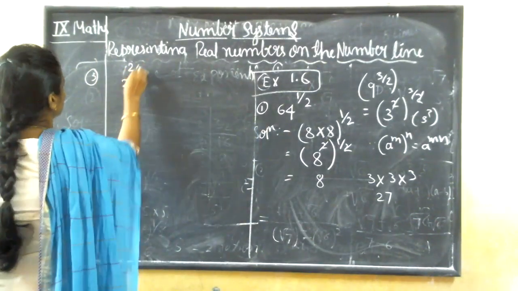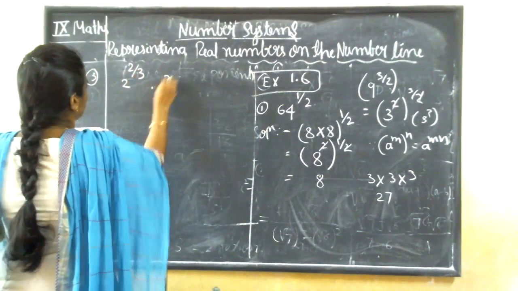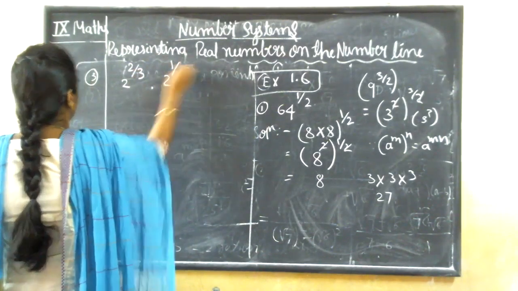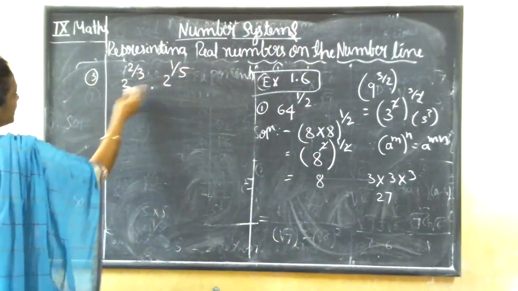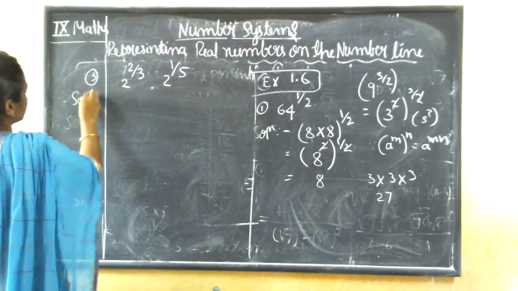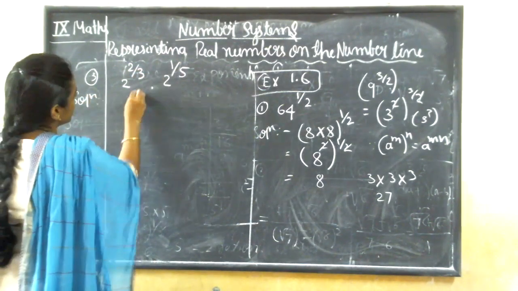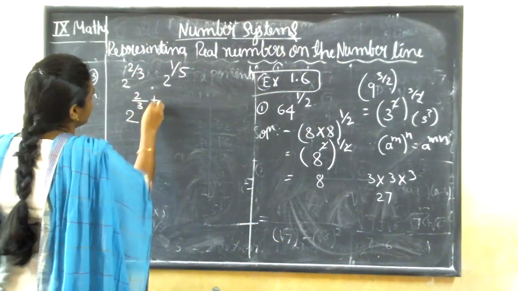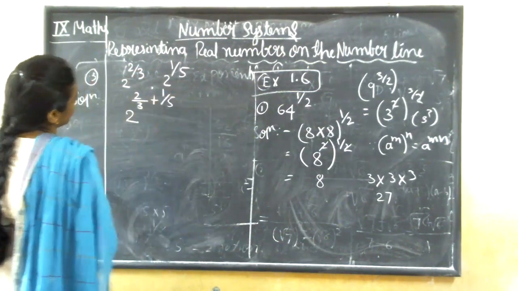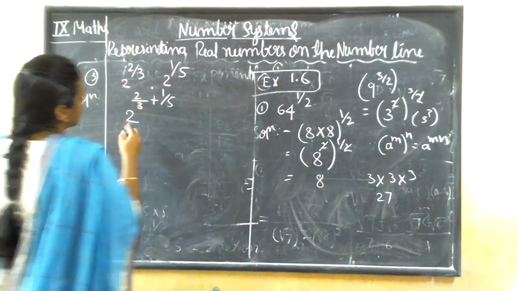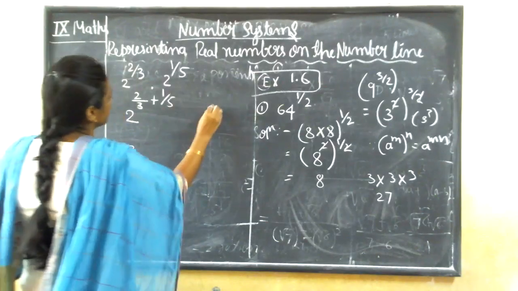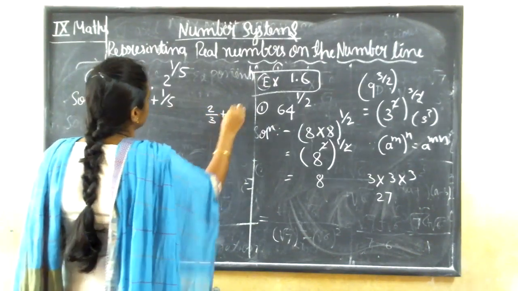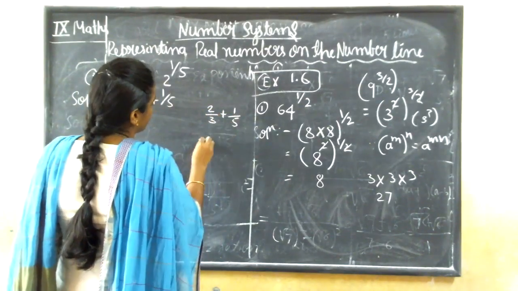2 raised to 2 by 3, 2 raised to 1 by 5. As we know, the base is the same only. So let us take the same base, 2 raised to 2 by 3 plus 1 by 5. Now you take the exponents separately and solve this one.